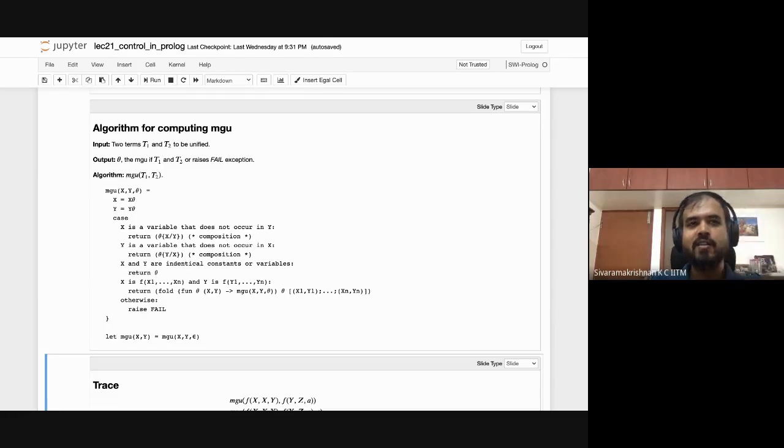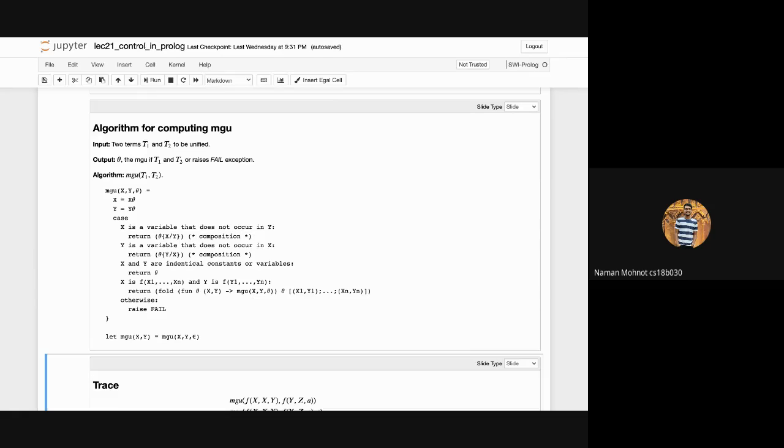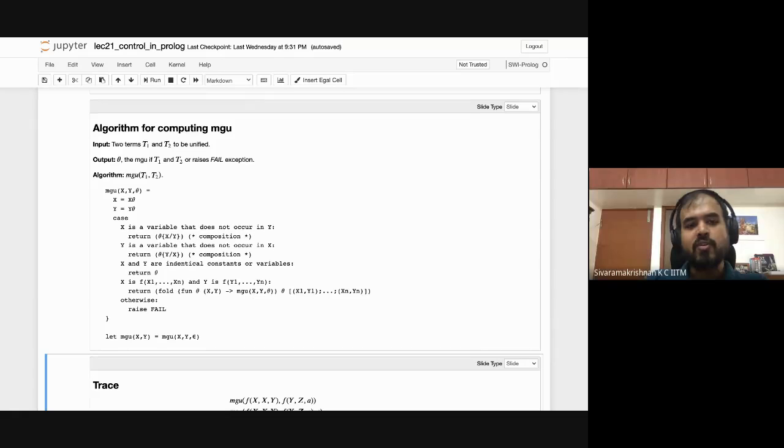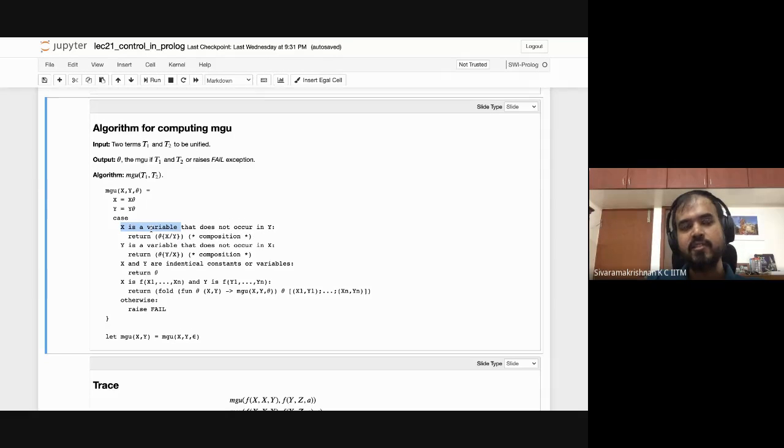Or we can try again, where you are using terms and where you are using variables. Whenever I write x and y here, these are just terms. What I'm checking here is whether x is a variable, explicitly checking whether the term happens to be a variable, and whether y is a variable.